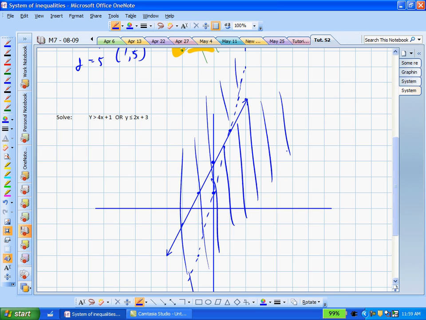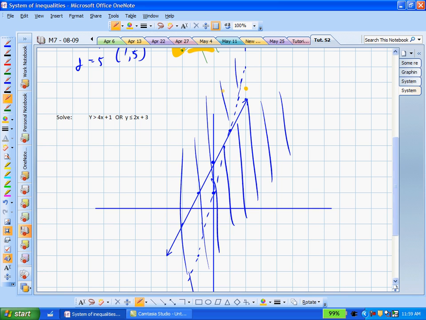So does everything work? Well, except the points on the dotted line. Well, does this point work? Is it below the blue? Oh, no. Is it above the dotted? It's in the middle of the wedge.